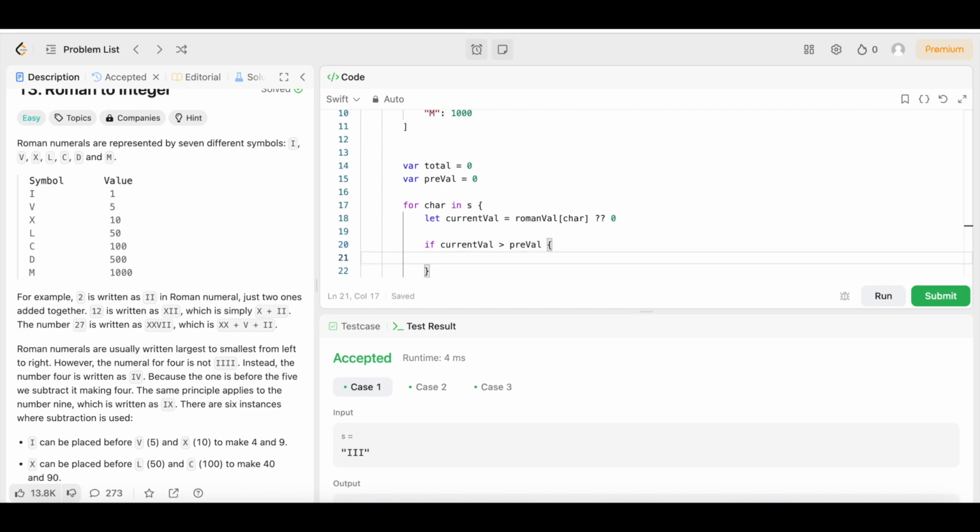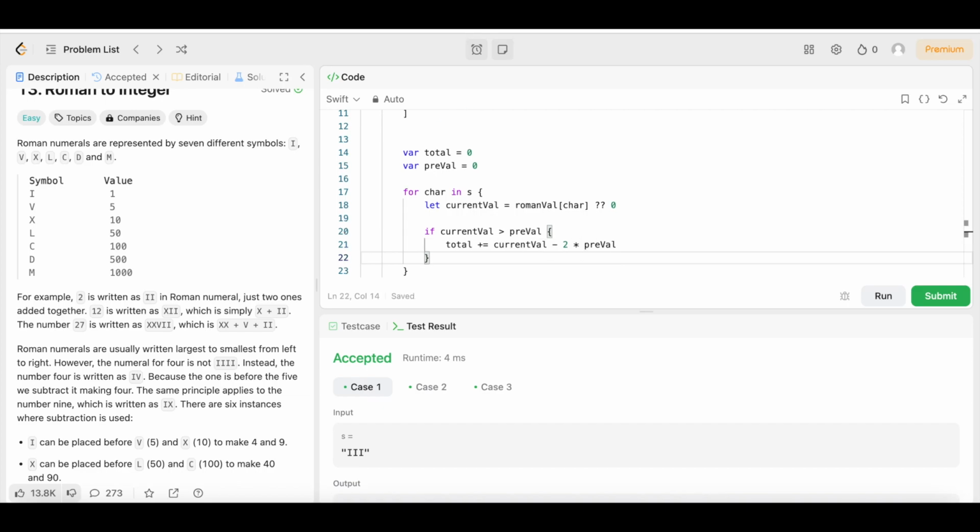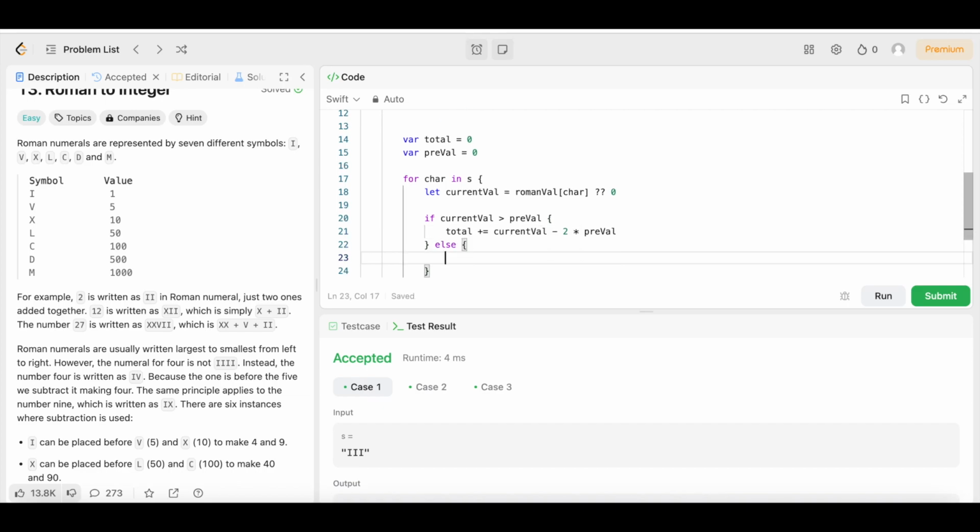When the current val is greater than the preval, it's going to be total plus equal current val minus 2 times preval, right? Then we're going to say else total plus equals current val. Now, you guys, this is what I'm saying you need to remember.